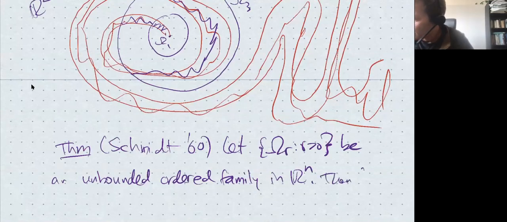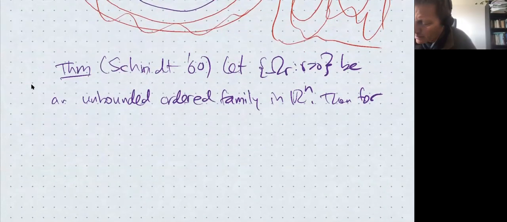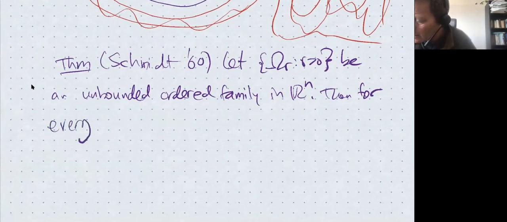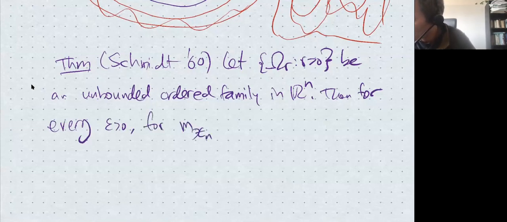Then for every positive epsilon, for almost every lattice L with respect to the Haar measure, we have the following growth.